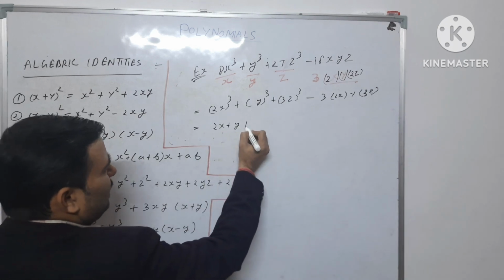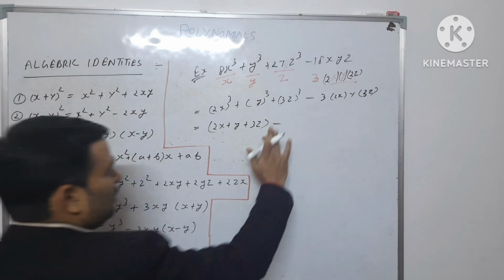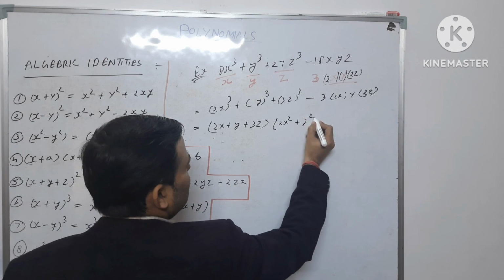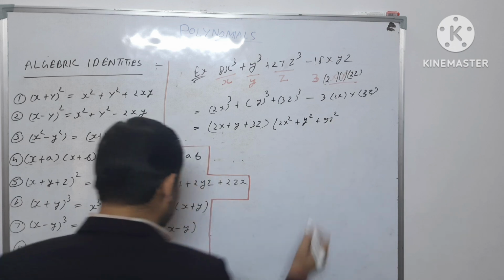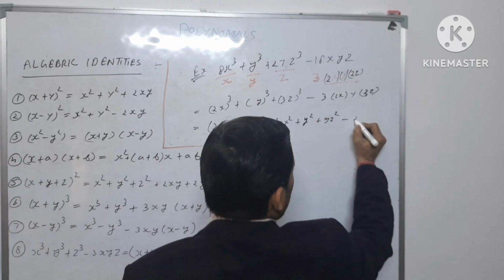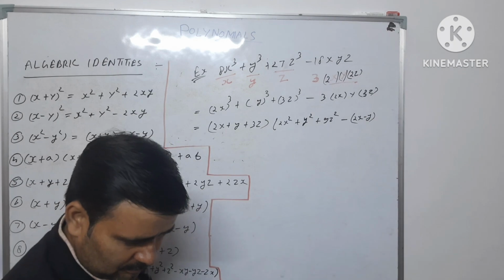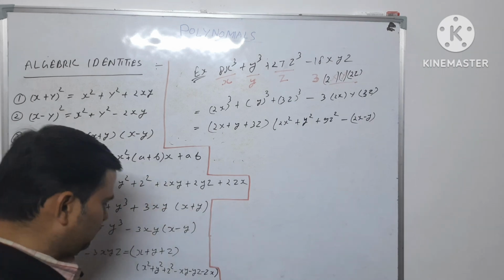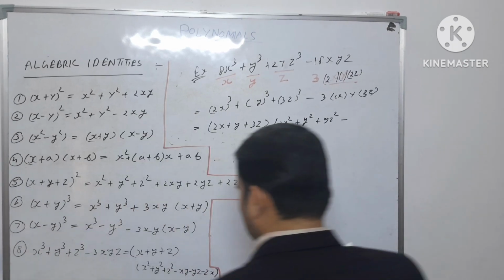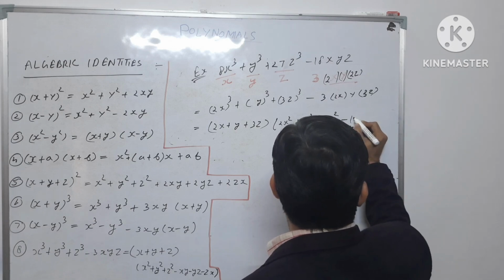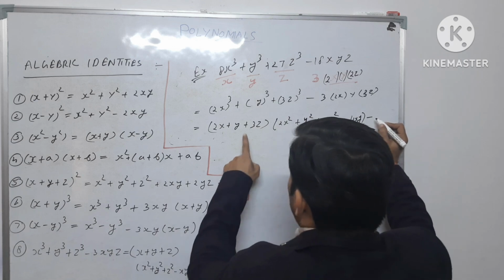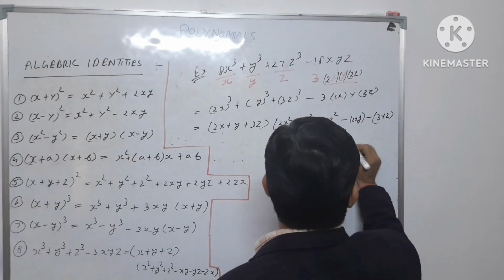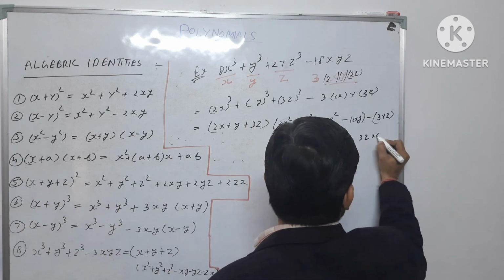We will get (2x + y + 3z) times the bracket: x square will be (2x) square, plus y square, plus z square will be 9z square, minus xy will be minus 2xy, minus yz will be minus 3yz, minus zx will be minus 3z times 2x.